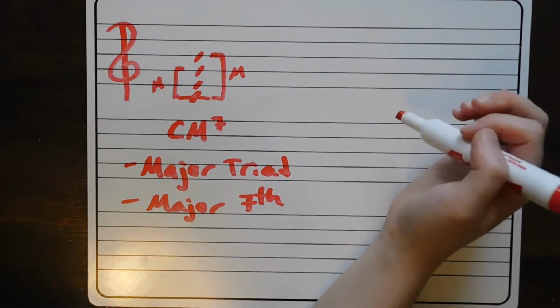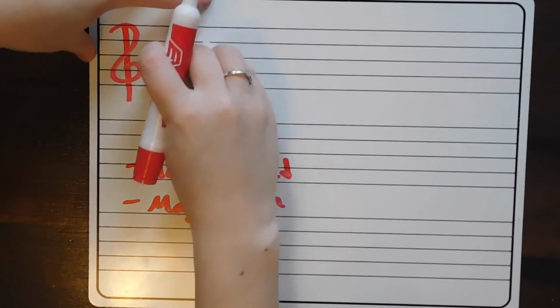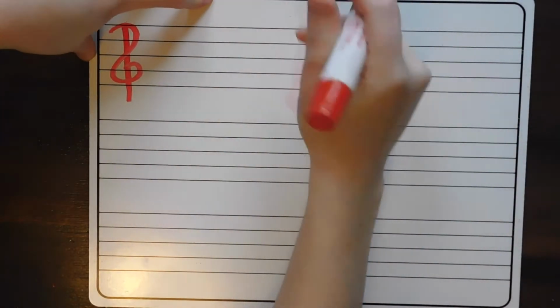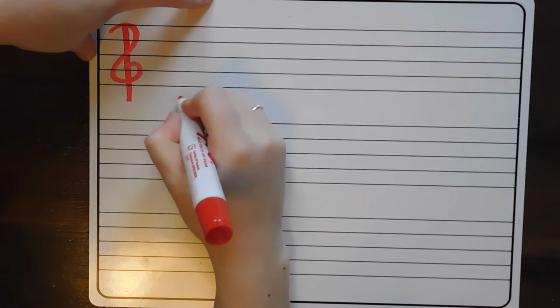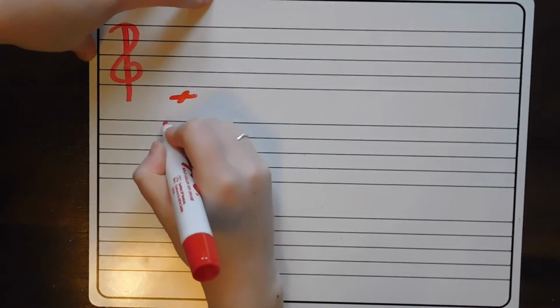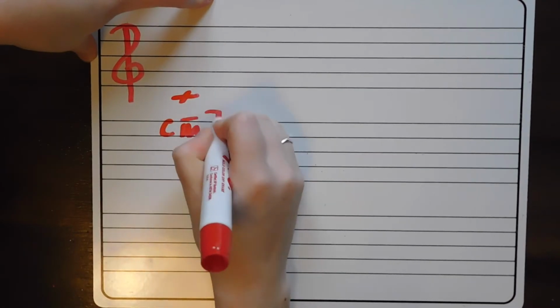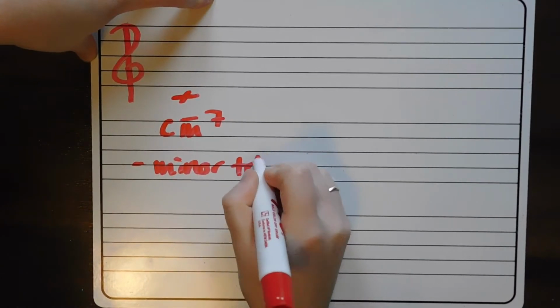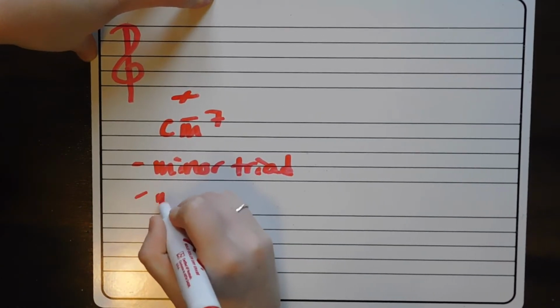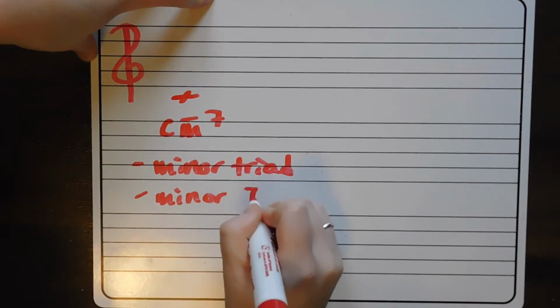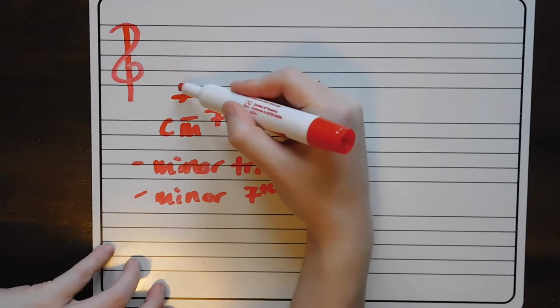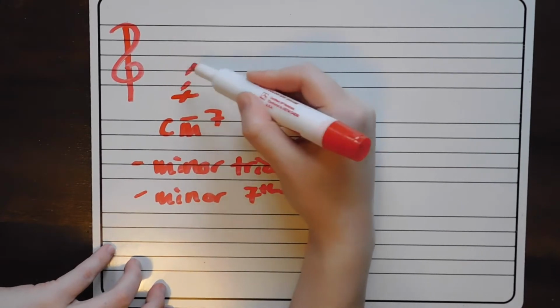Next is minor 7th. Let's do C minor 7th. This is a minor triad with a minor 7th. First let's build the triad, a C minor triad.